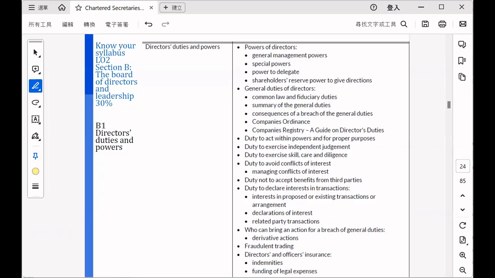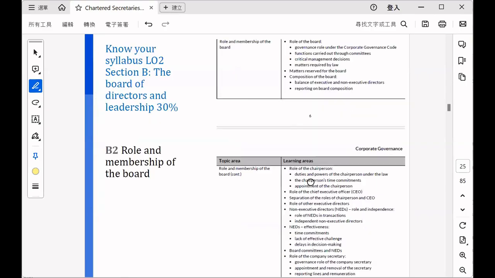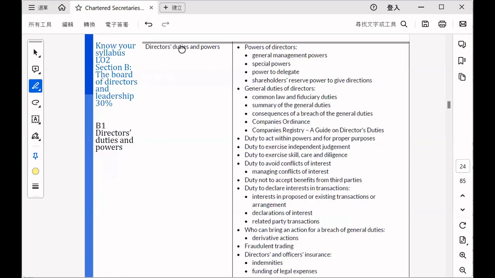So it is different from the fiduciary duties. Now, for those who have learned company law, they should know about this, but not for those who have no company law background. Then you may need to read a little bit more about the different types of duties. Duties to declare interest. So some of these are statutory duties, duty not to accept benefits, etc., etc. So that's about the duties of directors.